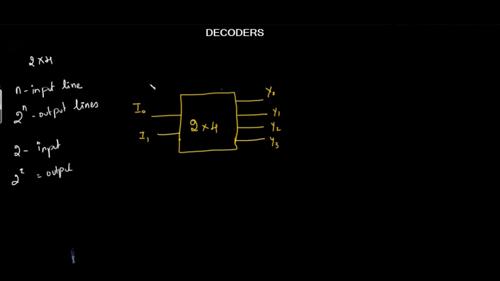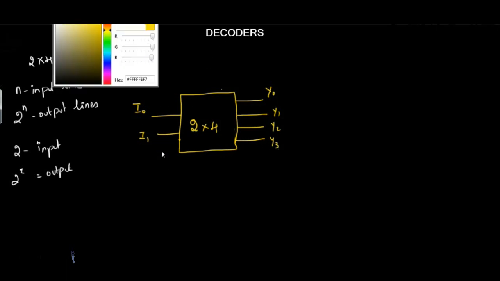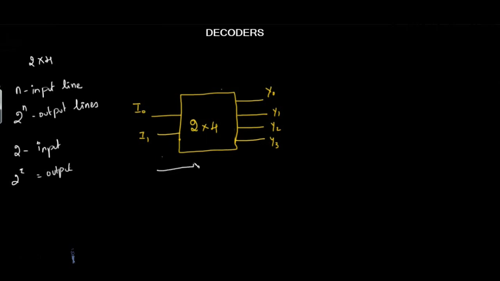Additionally, you have one more signal called the enable signal, E. When enable is turned on, or kept high, the decoder will be functioning. If the enable is kept low, the decoder will not work. So these are the input and output combinations and enable.